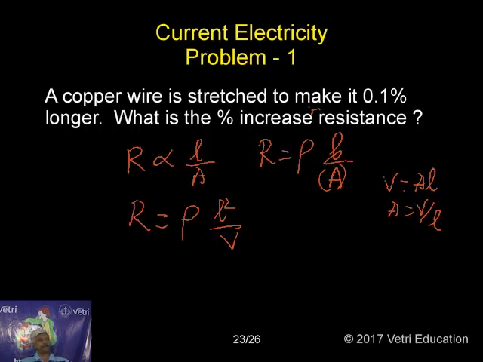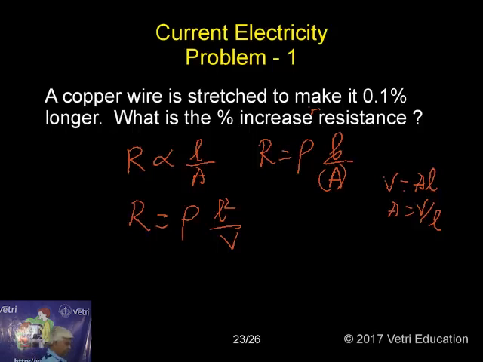Why did I put volume? Because volume remains constant. So here rho is constant and V is also constant. If I use the original formula and L changes, A also changes, so there are two variables. Here there is only one variable, so I convert the formula according to the question.